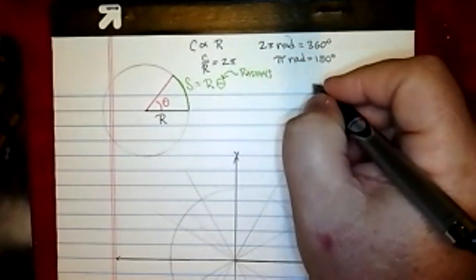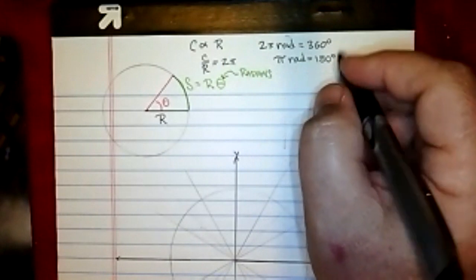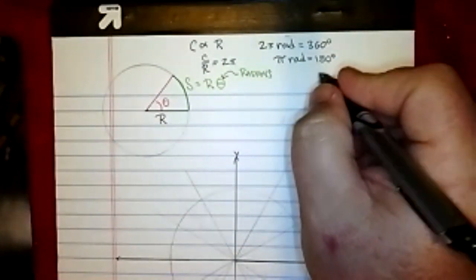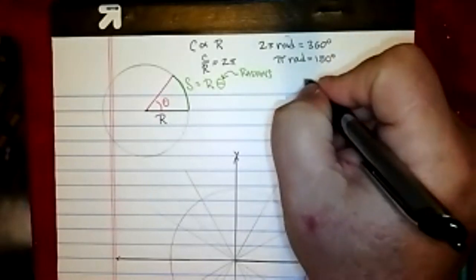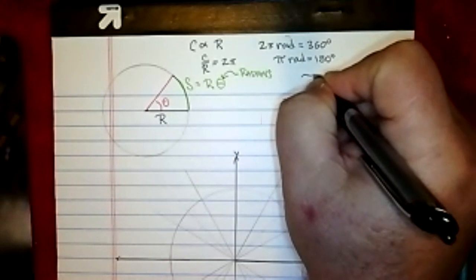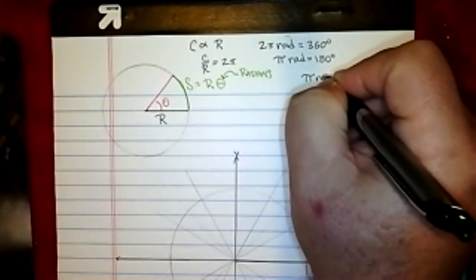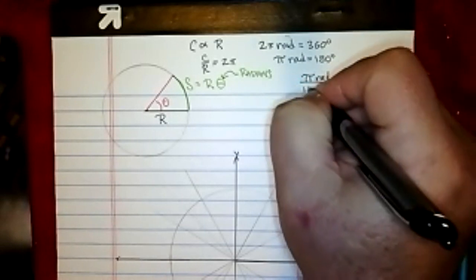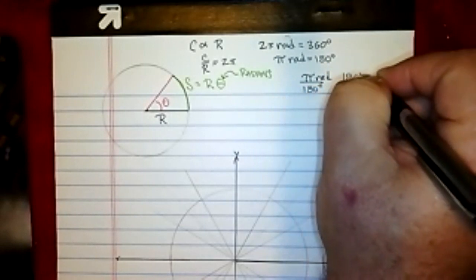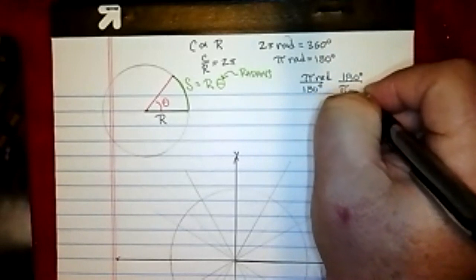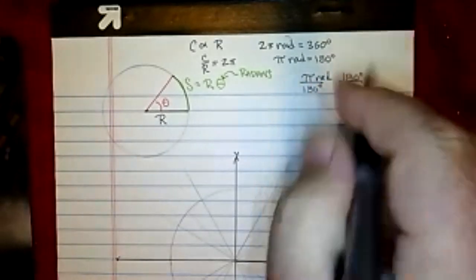Now, as you know, you can make a conversion factor out of any two things that are equal. All you have to do is put one in the numerator and one in the denominator. So there are two conversion factors that come out of this. You can say pi radians over 180 degrees, or you can say 180 degrees over pi radians. Those are your conversion factors.